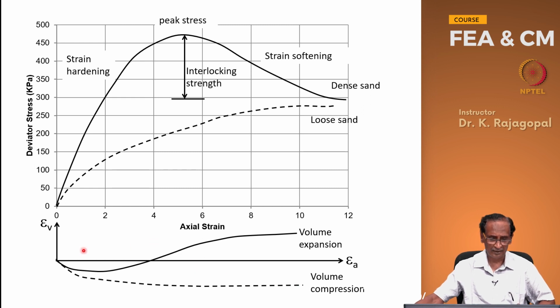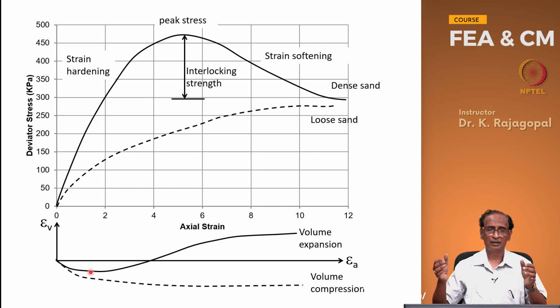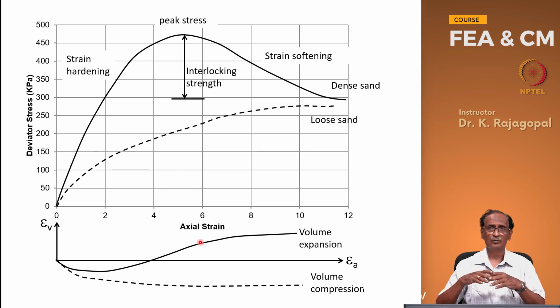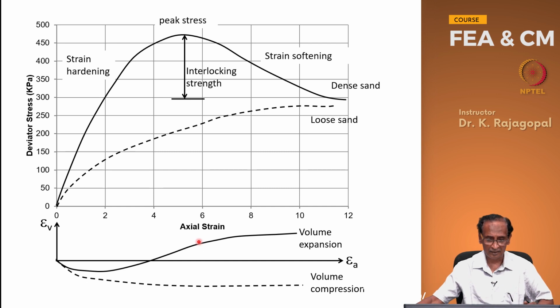Then in the case of dense sands, they might undergo some volume compression depending on the initial relative density, and then after some time the soil will expand in volume, and this expansion in volume under the shear strains we call it as dilation. That is a specific term that we have in the case of soil mechanics.